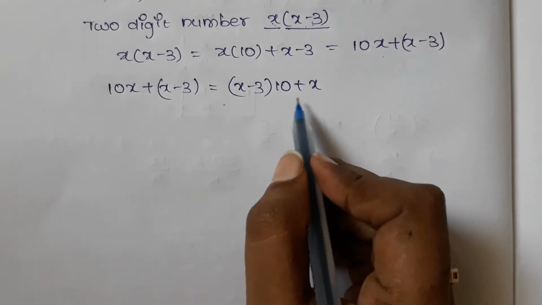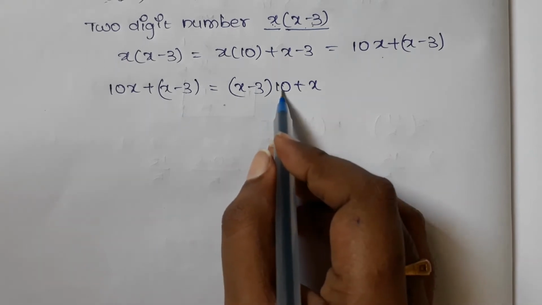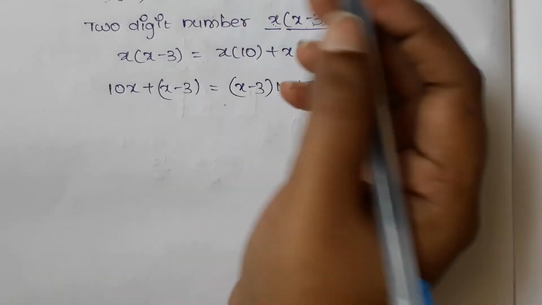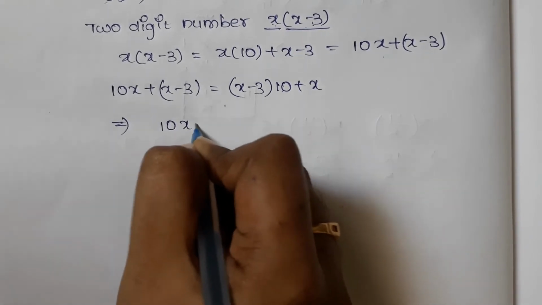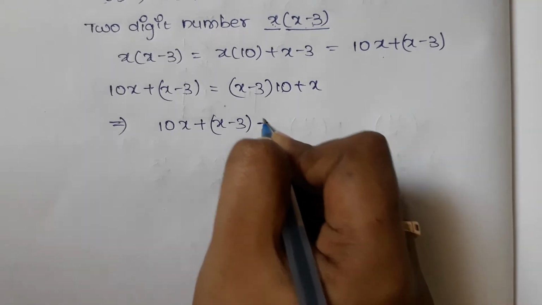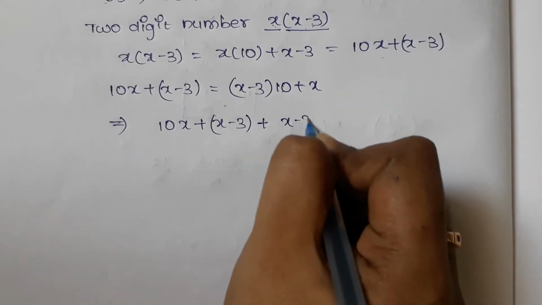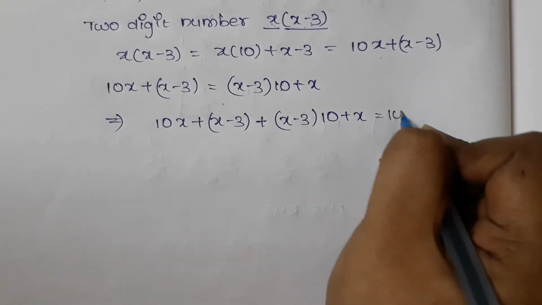Now when we add these two, the result will be 143. That is, 10x plus x minus 3 plus x minus 3 into 10 plus x equals 143.